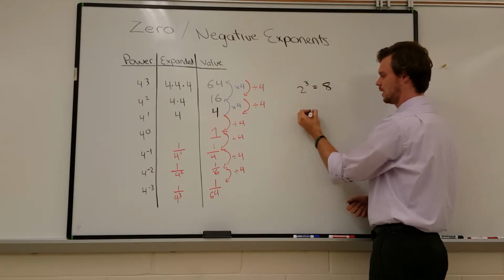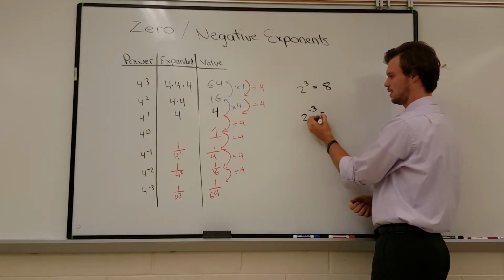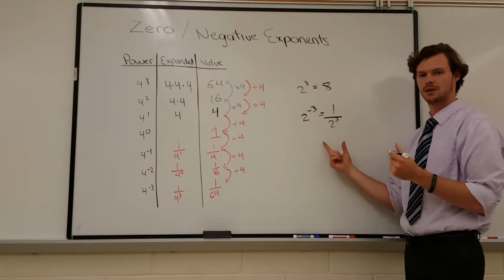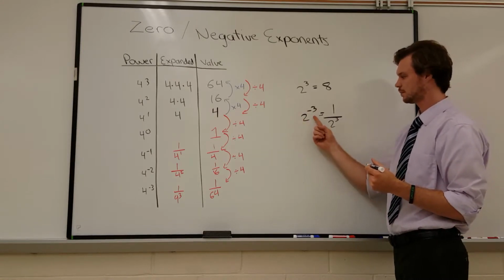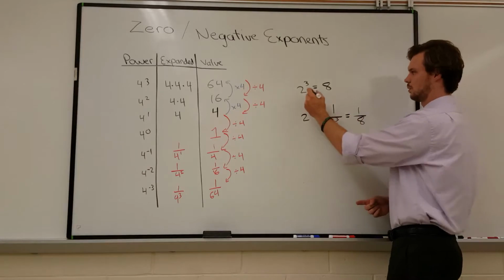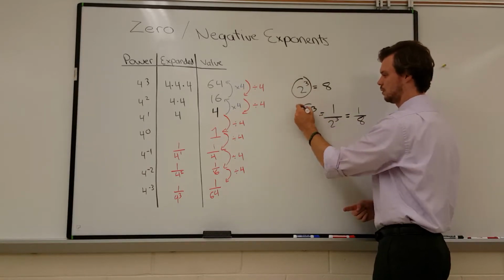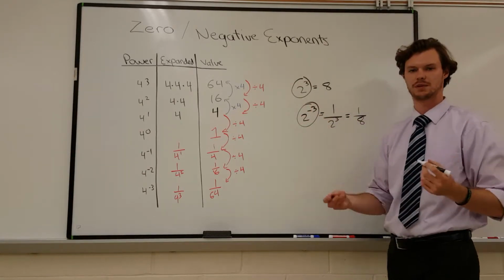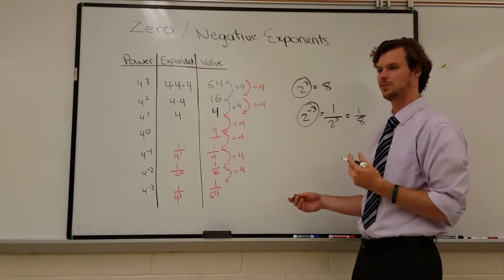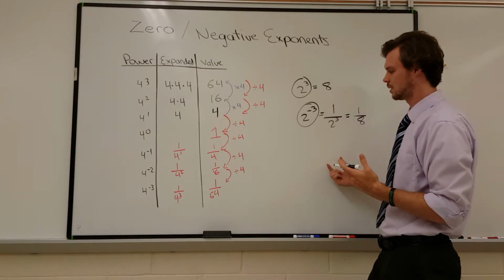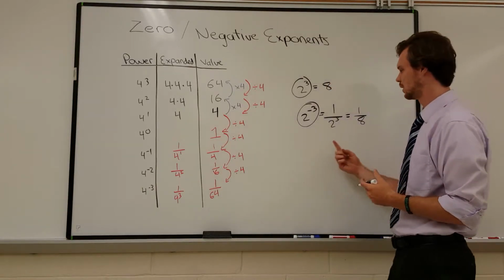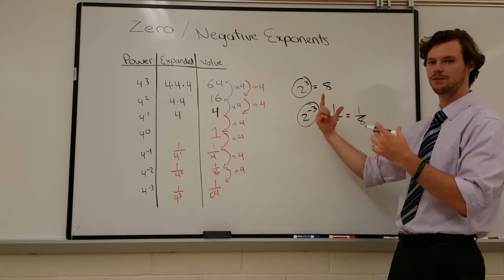If I have 2 to the negative third, that equals 1 over 2 to the third, the reciprocal of my base. And then I can evaluate it as 1/8. So 2 to the third and 2 to the negative third are inverses of each other. That's one thing you've got to realize about negative exponents. A lot of people think that it's going to make their answer negative because they're so used to that. But it's new with exponents. It's really telling us to take the inverse of it, to flip it.